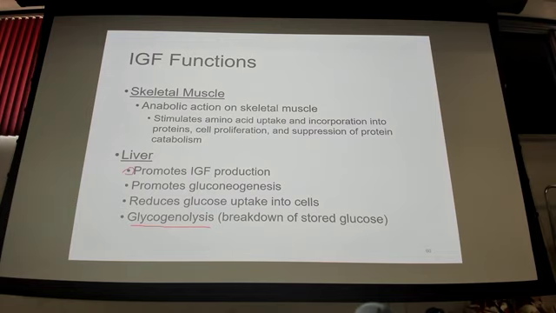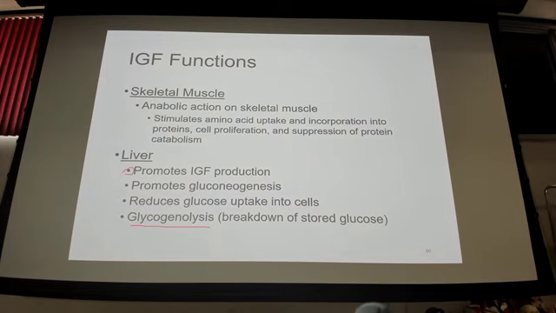You guys know what glycogen is? If you don't, it's the main energy carbohydrate storage in the liver, okay? IGFs will result in the breakdown of glycogen into glucose for usable energy. So from storage to use. Does that make sense? That's glycogenolysis. What does lysis mean?